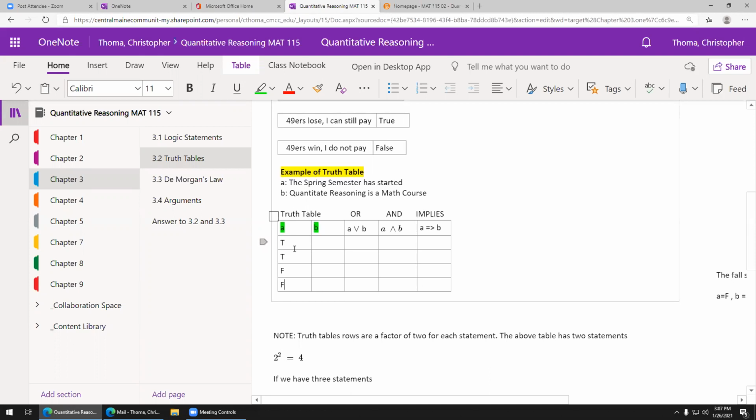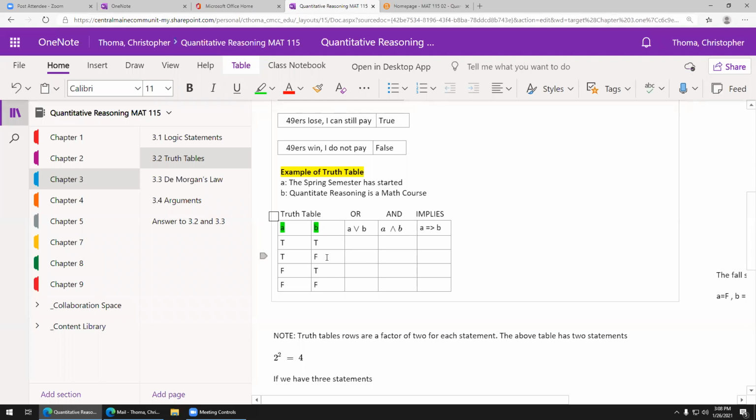All you're doing right now is creating the outcomes of the statements. You don't worry what they are; I am literally just placing a value there. So my first column, two trues, then two falses. And then my second column, I alternate: true, false, true, false.